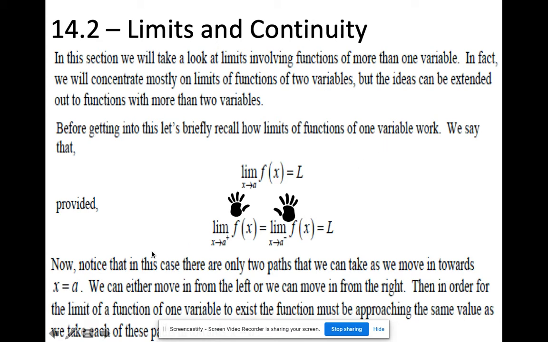There's only two paths that you can take in two dimensions. There's only two paths. To the point A, I could only come, right, to my function here. To reach this point, I could only come from the left or from the right. That's the only path these people had to get to f of a, or near f of a.